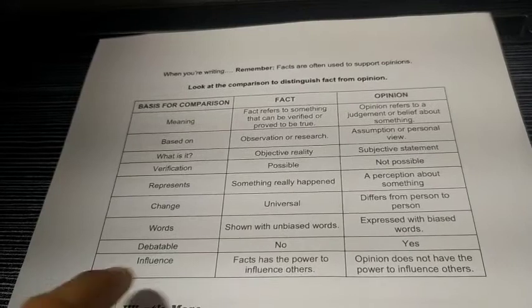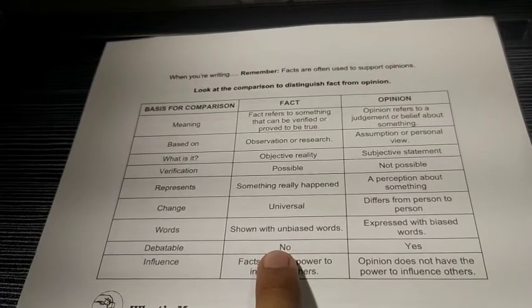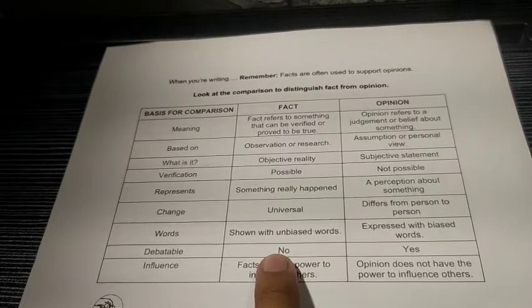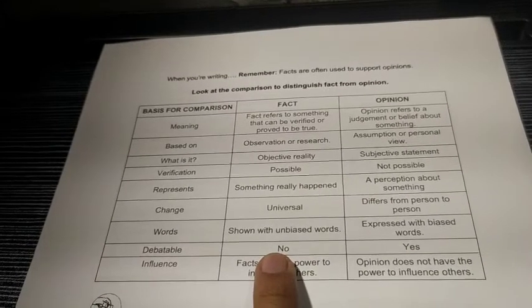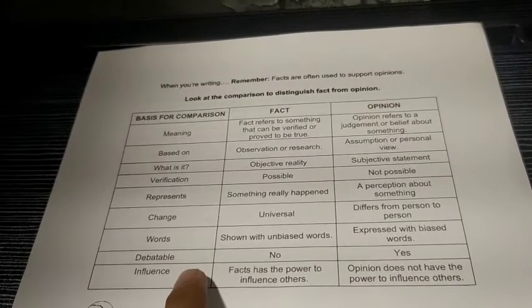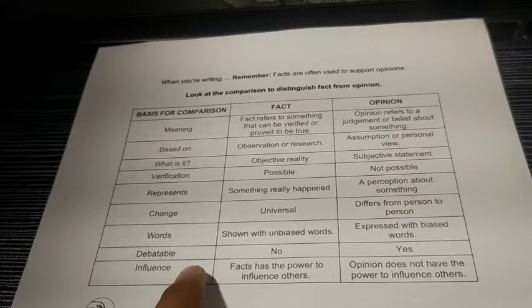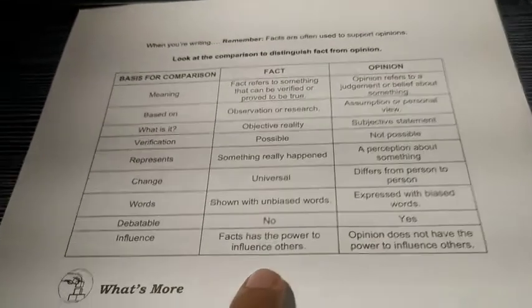Then debatable, no, because it's a fact. There is no need for us to have a debate on a fact because it's already proven. While opinion is debatable because it varies depending on how people believe on a particular topic.